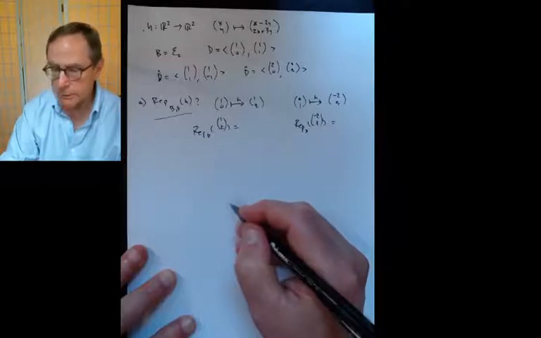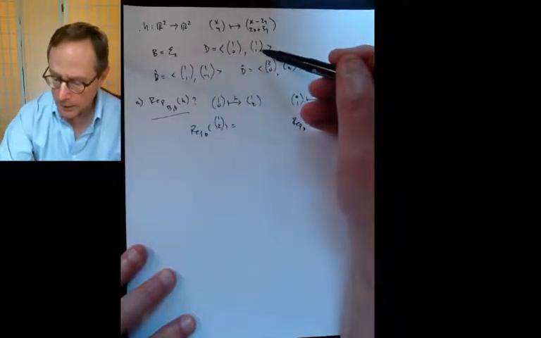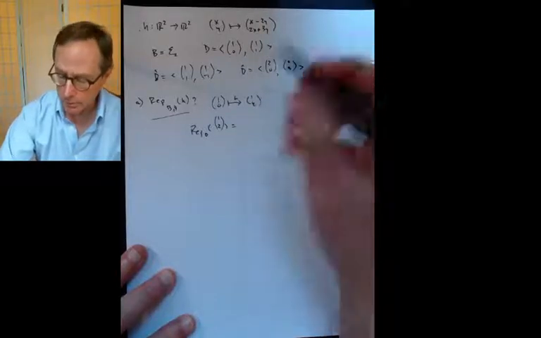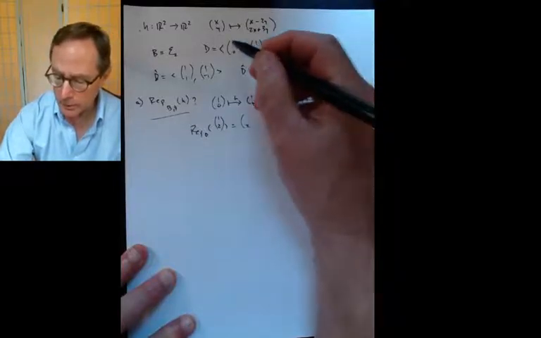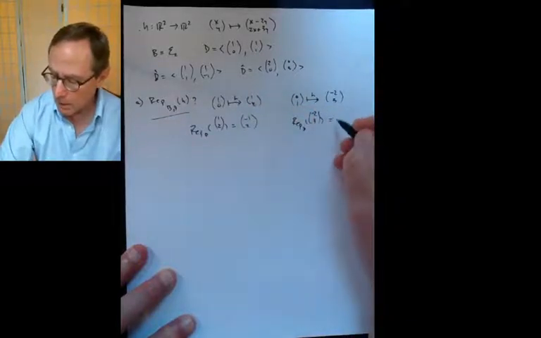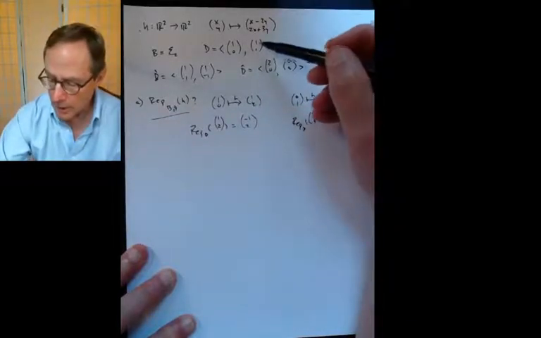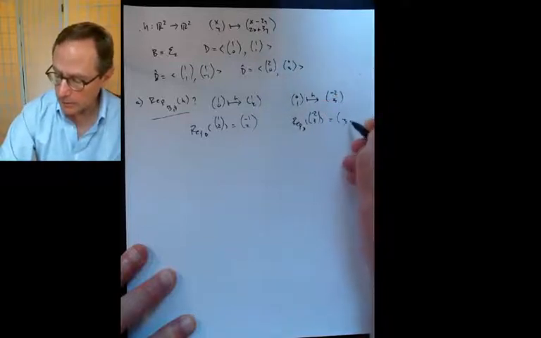Now I picked ones that a person can eyeball. So (1, 2): in order to get (1, 2), you have to multiply the second vector by 2, and once you multiply the second vector by 2, in order to get a 1 here, you need a minus 1 up here. And likewise, I can eyeball this. In order to get a 3 on the bottom, I have to multiply the second vector by 3.